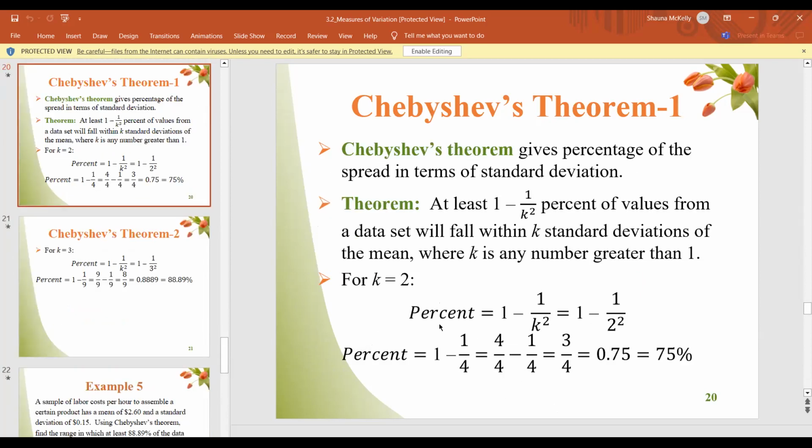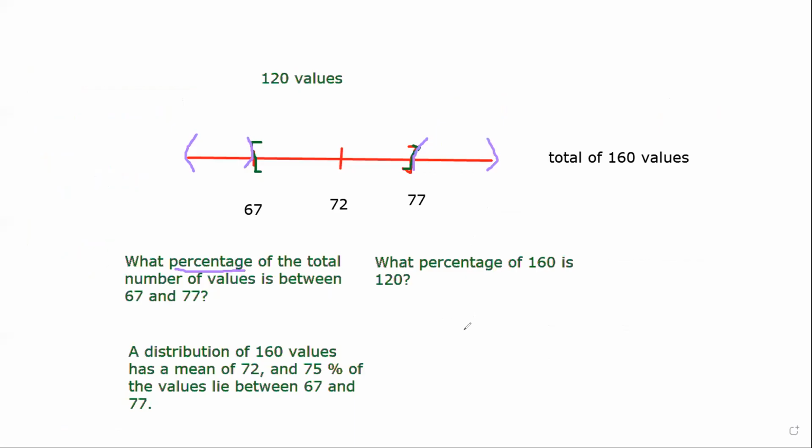So here it says, notice that when K is 2, the percentage is 75, right? So this 75 is important because now we know that we have to kind of back our way into this problem. We know that between the green area here, K is 2 standard deviations from the mean, right?